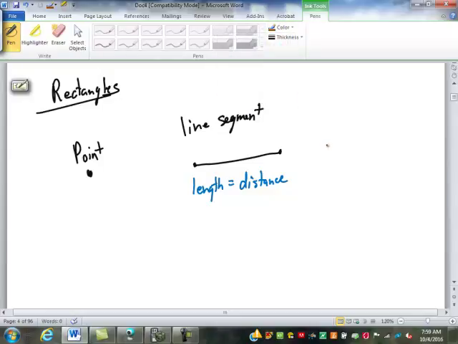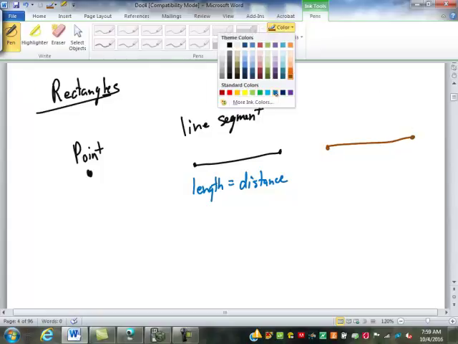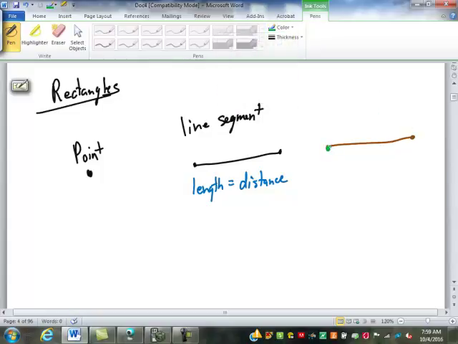Now, if I take that line segment that I created and I pull the whole segment in a second direction, if I keep that segment in the original orientation, in other words, parallel to where it started, and I move it perpendicular to the first movement. So the first movement I went side to side. This movement I'm going to go up and down, moving it perpendicular.